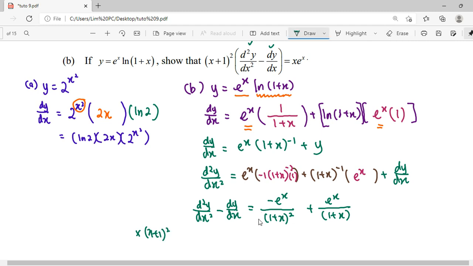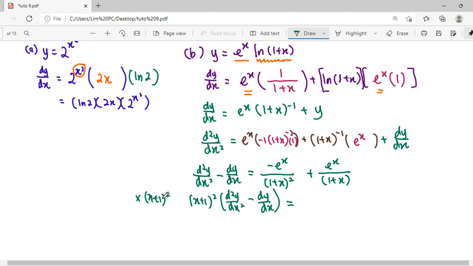So once we multiply with x plus 1 squared, you can notice that we managed to obtain our left hand side. So this part also we obtain already. When I multiply by x plus 1 squared, this denominator is cancelled, leaving negative ex.